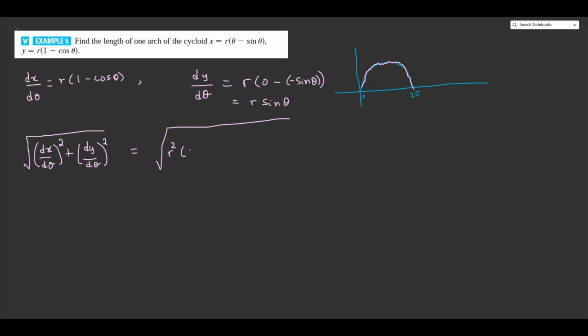r square (1 minus cosine of theta) whole square plus r square sine square of theta.